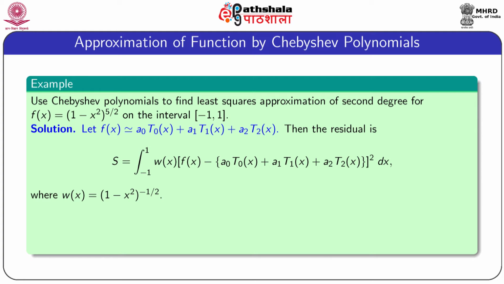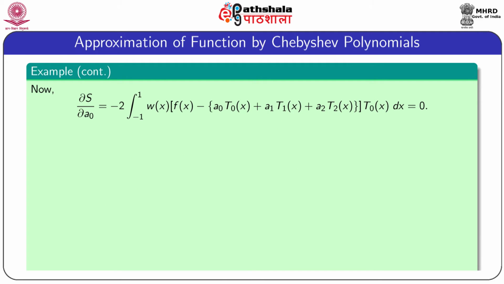This is the weight function for Chebyshev polynomials. For minimum S, we have to differentiate S with respect to a0, a1 and a2. That means ∂S/∂a0 = 0, ∂S/∂a1 = 0 and ∂S/∂a2 = 0. So, these are the normal equations to minimize S or to find the values of a0, a1 and a2.